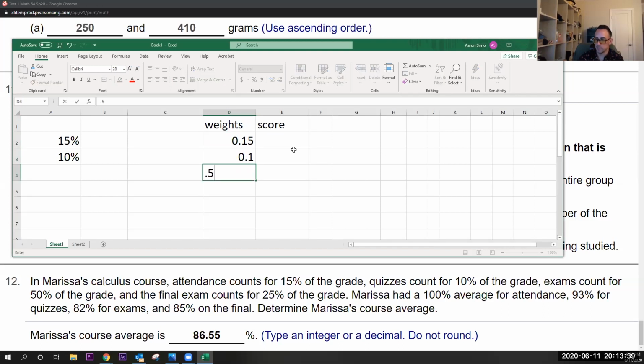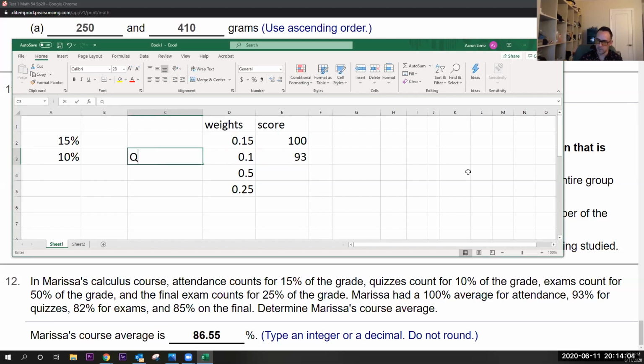Exams count for 50%. Final counts for 25. What else do we got? So there's only 4 things. What are the scores? For Marissa, she had 100 for attendance. Attendance was good. 93 for quizzes.